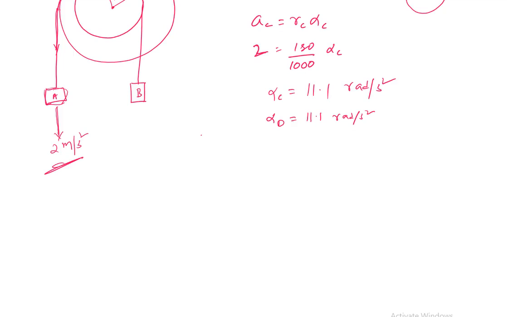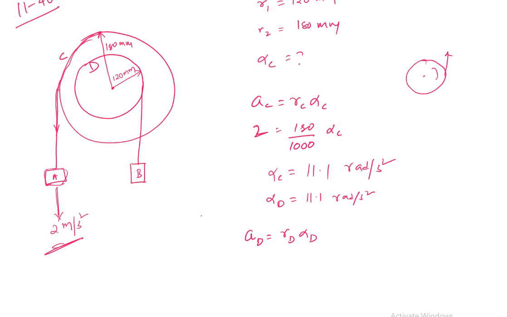Now the linear acceleration of D is equal to RD times alpha D. This linear acceleration of D is also the acceleration of B. If this is going down, then this would go up.